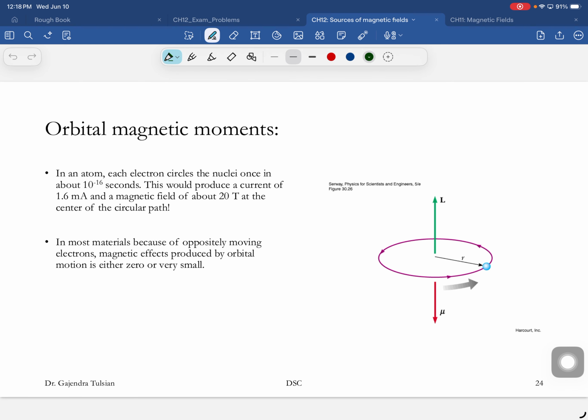Whenever there's an electron in the p orbital, for every electron there you have an electron moving in the opposite direction. And if there is an odd number of electrons in an atom, the last one is always in the s orbital, so it has zero angular momentum. So in most materials, because of oppositely moving electrons, magnetic effects produced by orbital motion are either zero or very small.